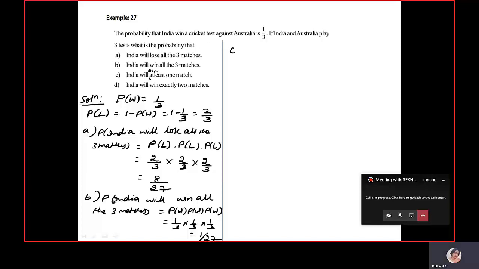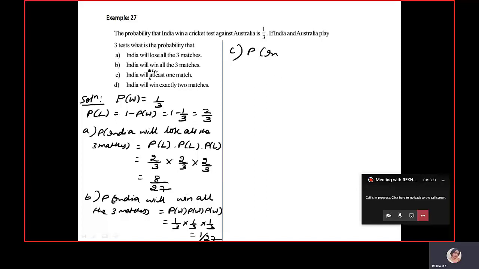Sub question C. India will win at least one match. So India will win at least one match. So it can win one match or 2 matches or 3 matches.